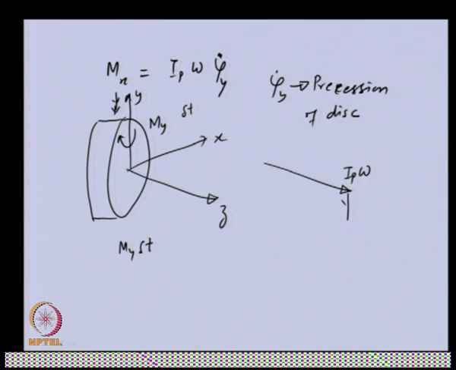To have equilibrium we need to close this particular angular momentum vector, and this angle is the precession or tilt of the disk about x axis. So let us say this is delta theta.